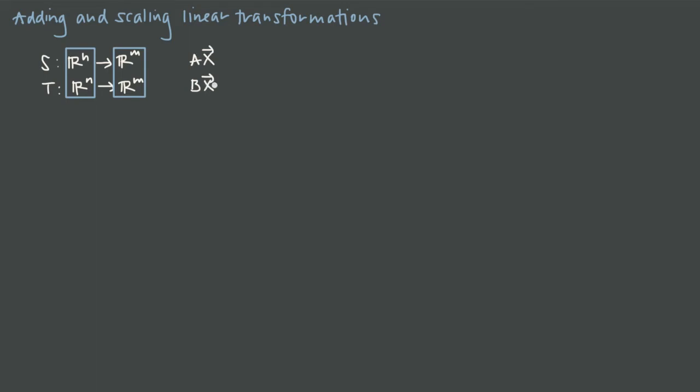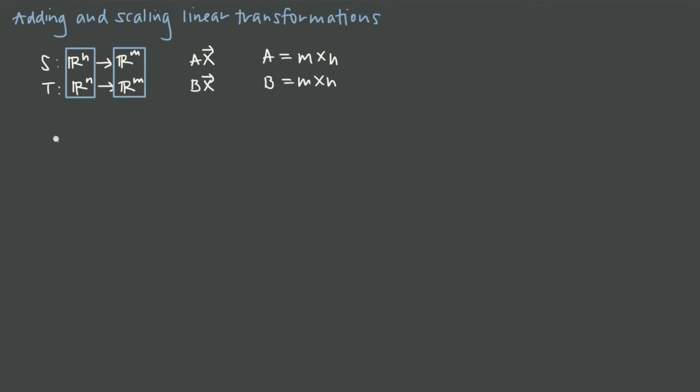Of course, when we do that, the dimensions of A and B will match. So we'll go ahead and say that A is an m by n matrix, and that B is also an m by n matrix. If all this is the case, then I can go ahead and add the two transformations.